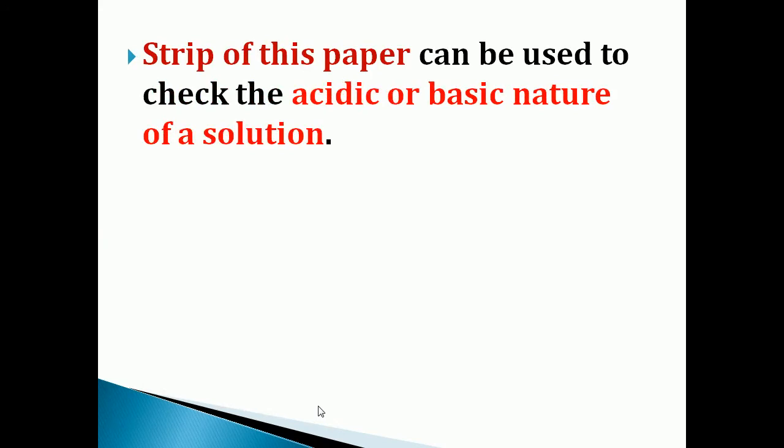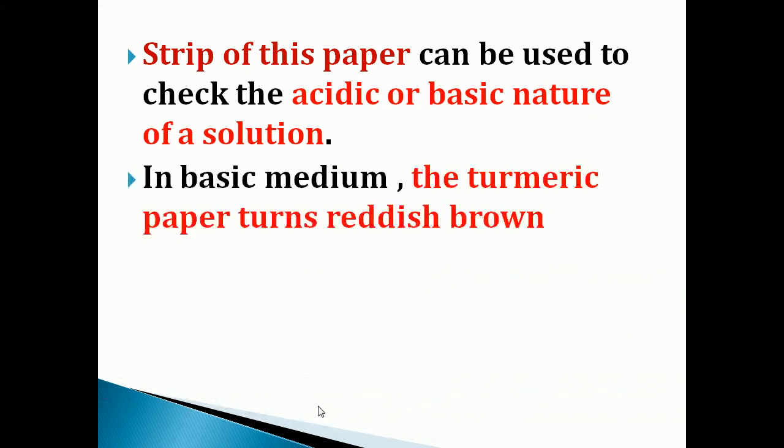Now, a strip of this paper can be used to check the acidic or basic nature of a solution. How can we identify using turmeric paper as an indicator? In a basic medium, the turmeric paper turns reddish brown.